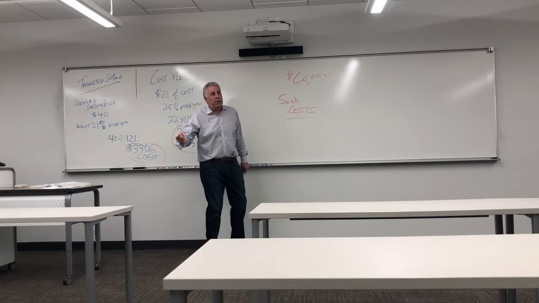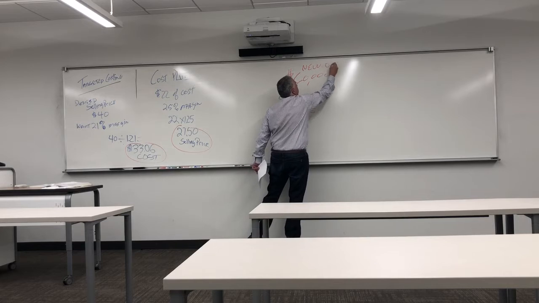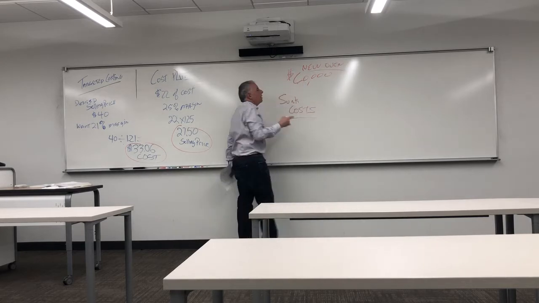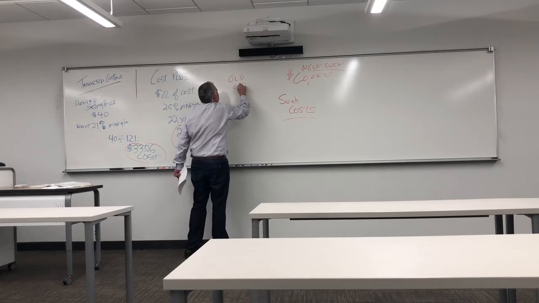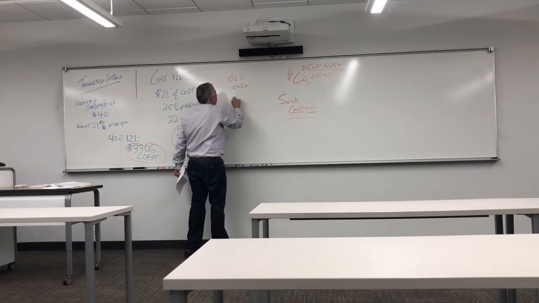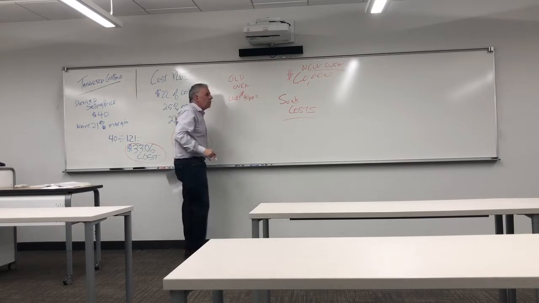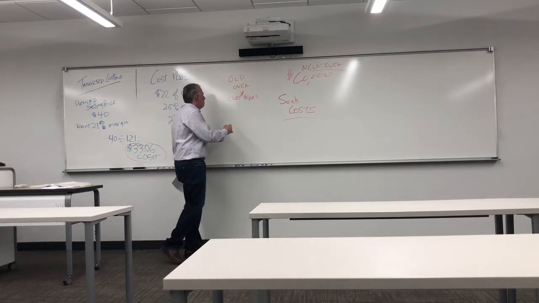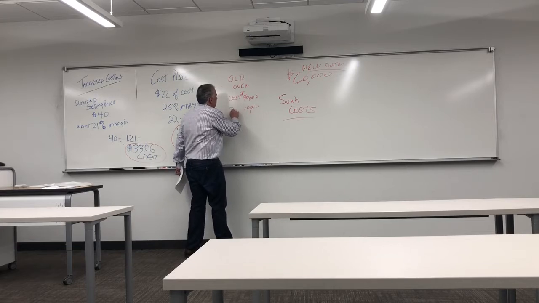Okay. The old pizza oven, this is the new one. New oven. The old oven cost $40,000. We've been depreciating it, and we've had $10,000 of depreciation.